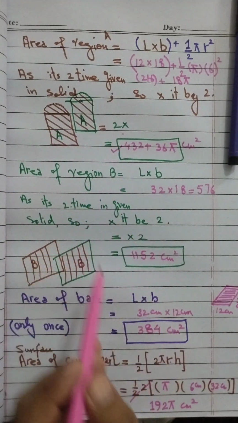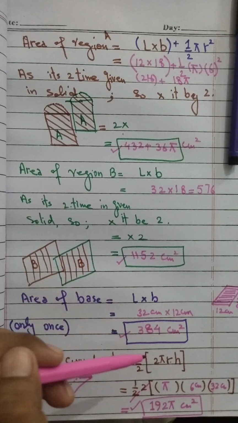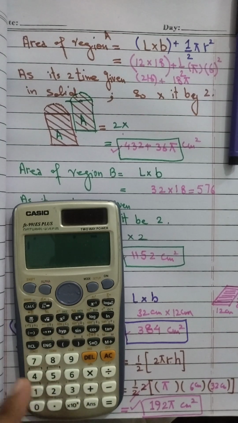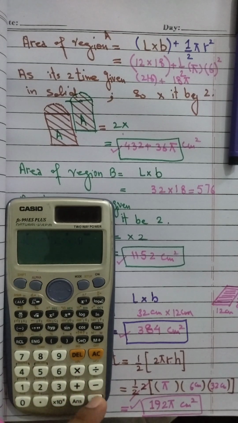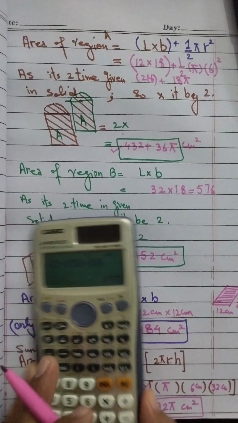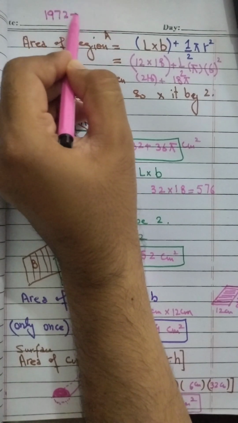Now we will add this one, this one, this one, and the last one, and we will get the total surface area. 432 plus 1152 plus 384 becomes a total of 1972. I will write it here on the top: 1972 plus.